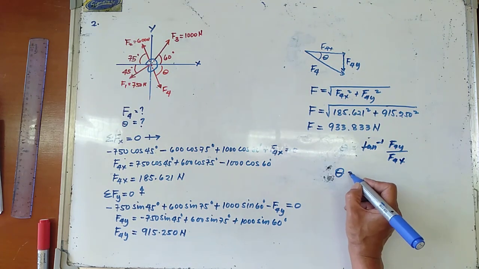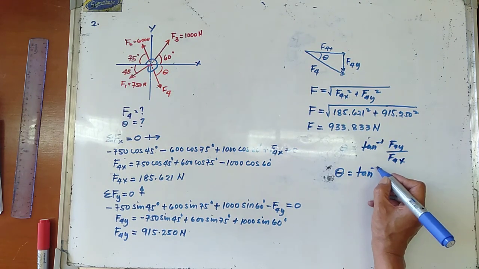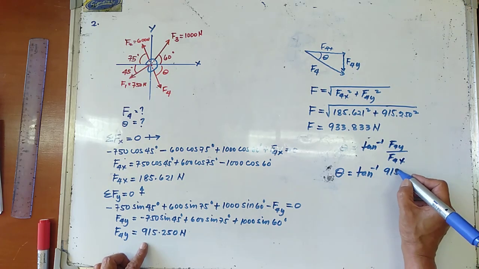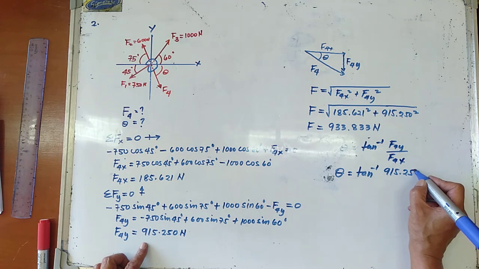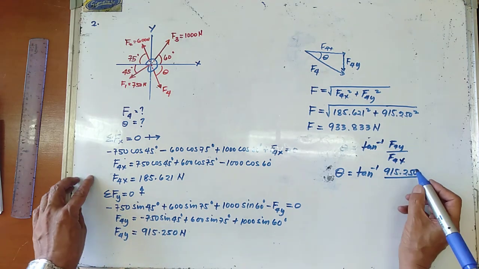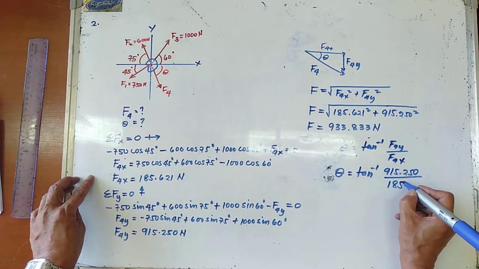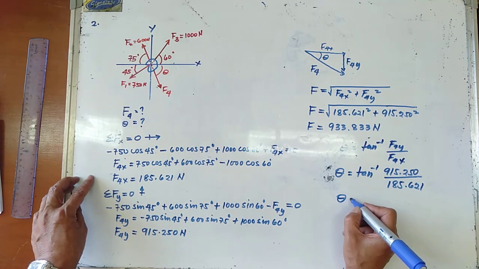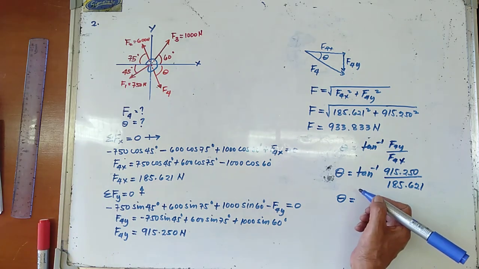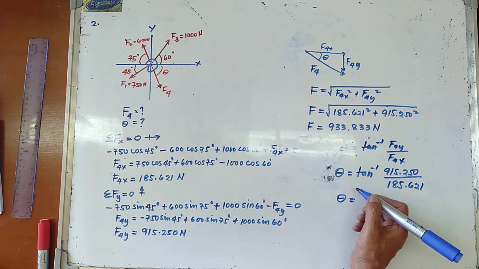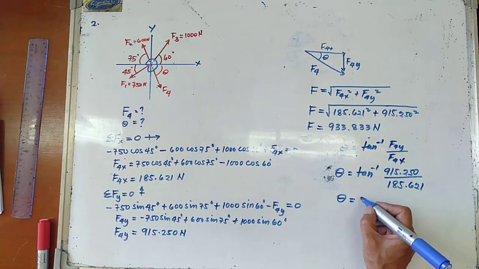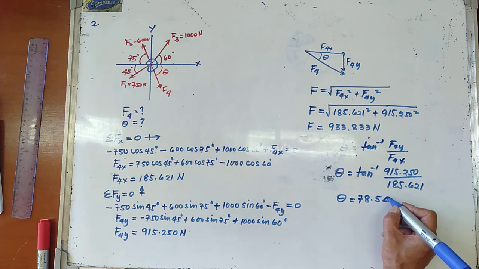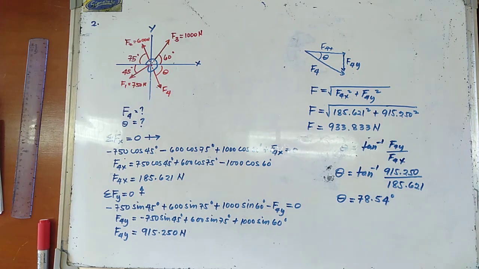So that your theta is now equal to the arc tangent of 915.250 all over 185.621. So the direction angle of F4 is equal to 78.54 degrees.